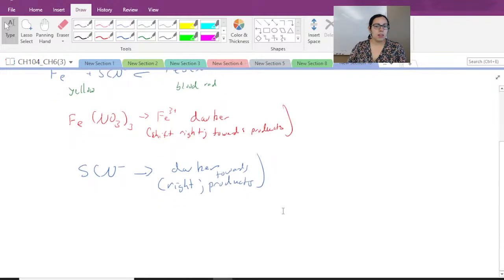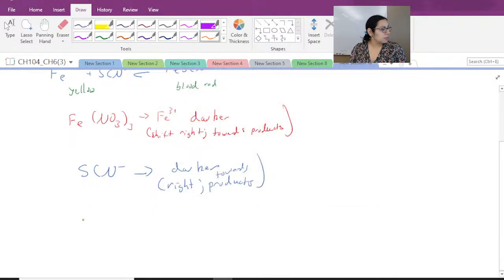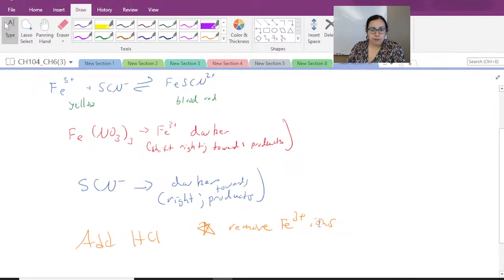So that's good. And then we went to the next scenario. It told you to add hydrochloric acid, and it did make a note in there to try to help you. It says that it removes iron 3 plus ions. So if it's effectively removing our iron 3 plus, which way is our reaction shifting?